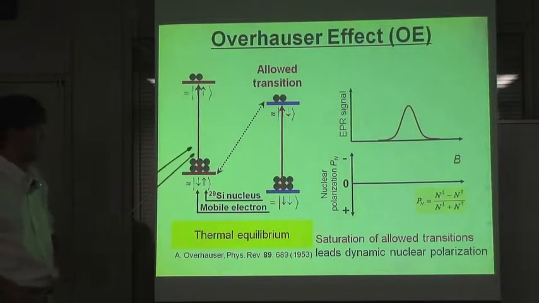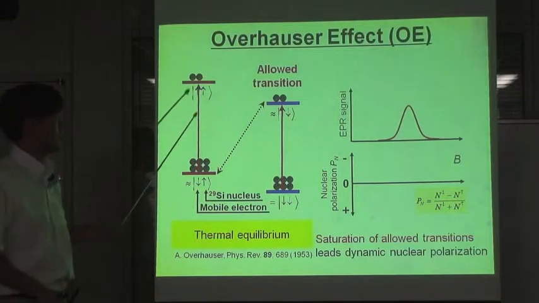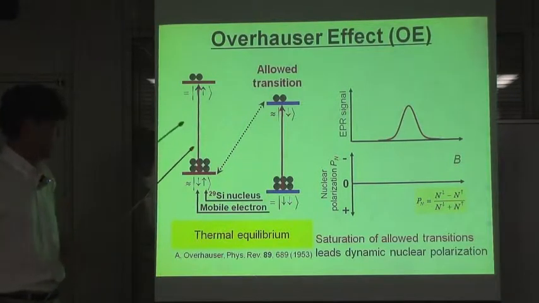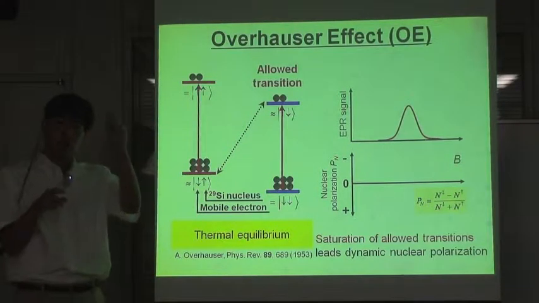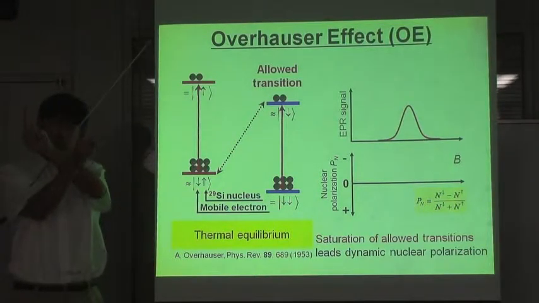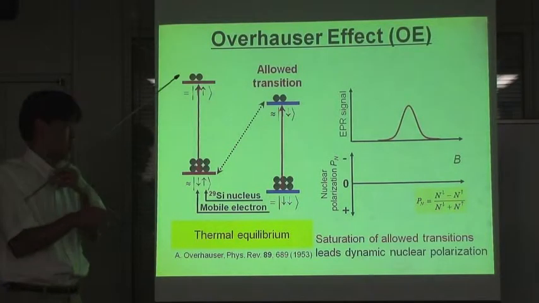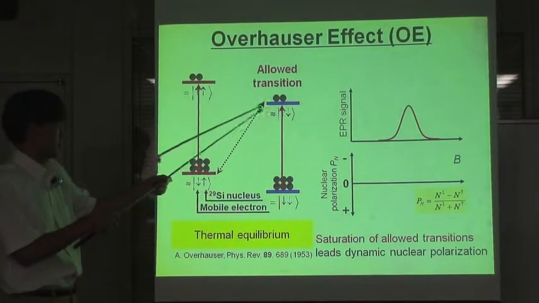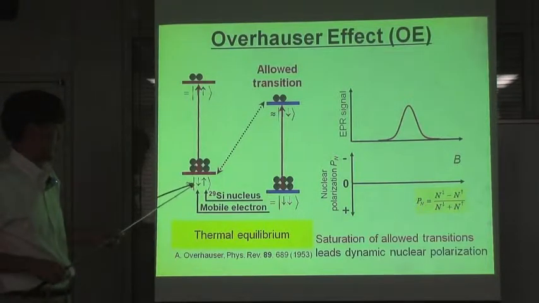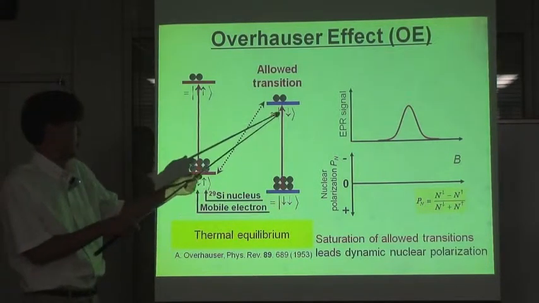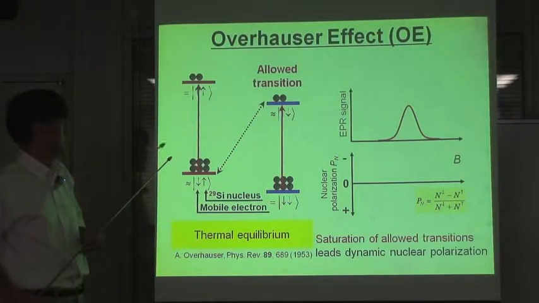Okay? There are two mechanisms. One is known as the Overhauser effect. Here, because we have the phosphorus electron spin and the silicon-29 nuclear spin, the combination of two spins leads to four different states: down-up, down-down, up-down, and up-up.